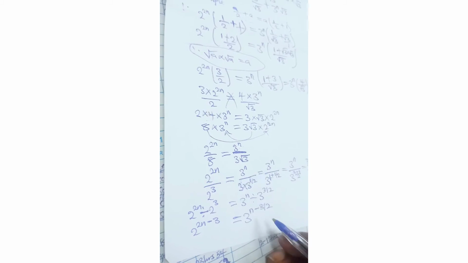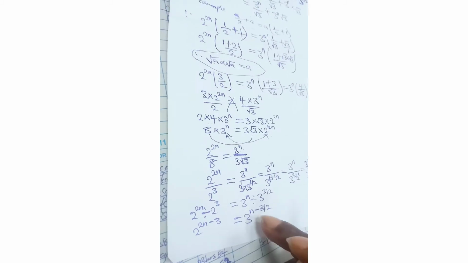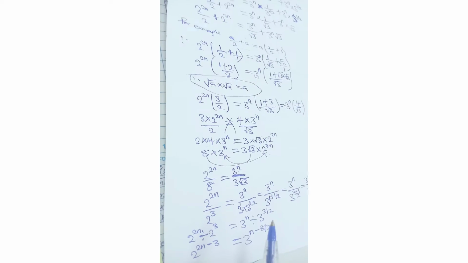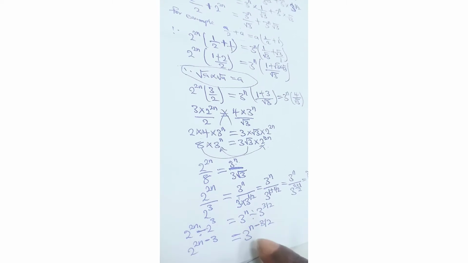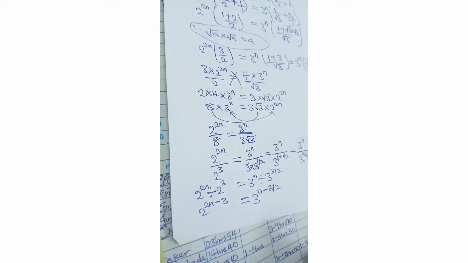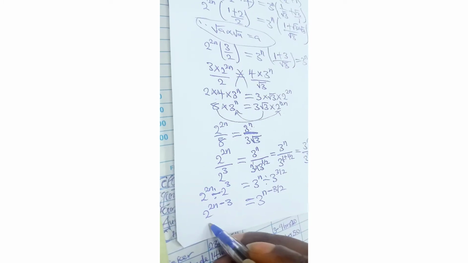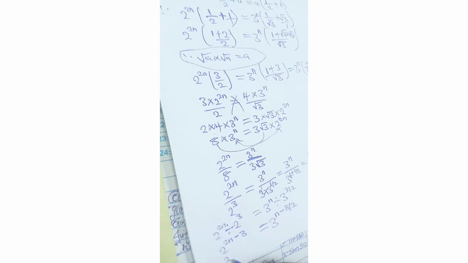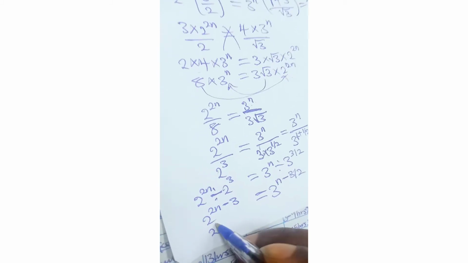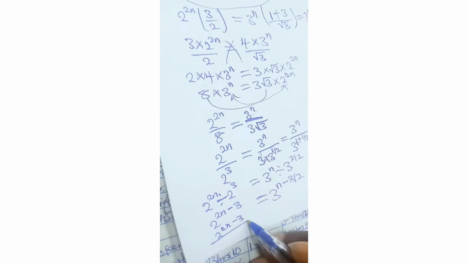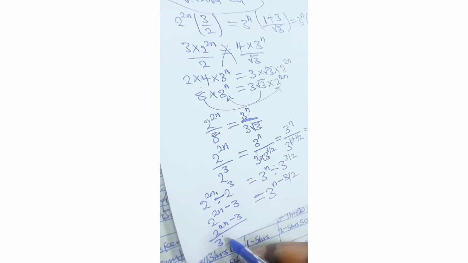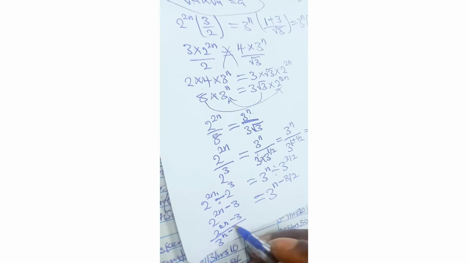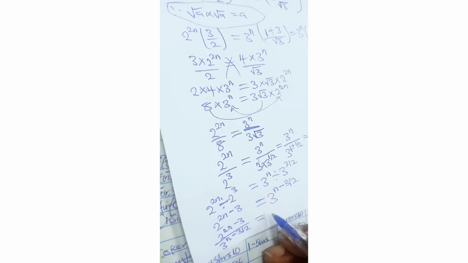You get? So at this junction now, if I use this one to divide this, then we are going to have 2 raised to power 2n minus 3 over 3 raised to power n minus 3 over 2, which is equal to what? 1.